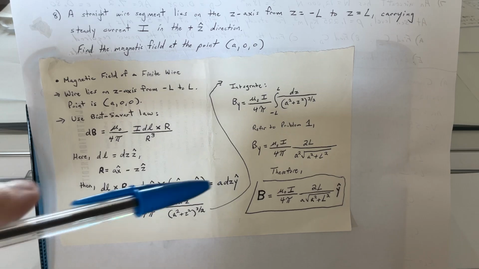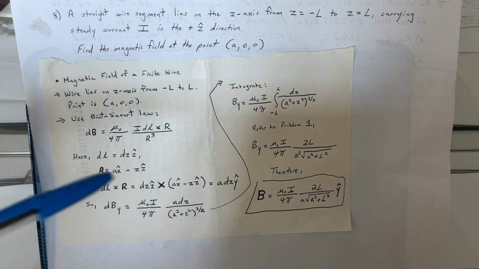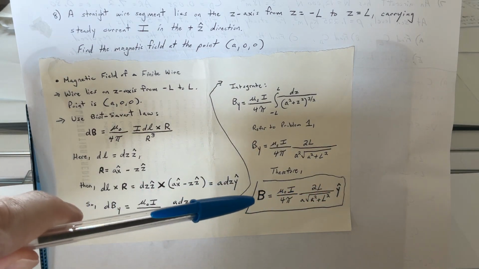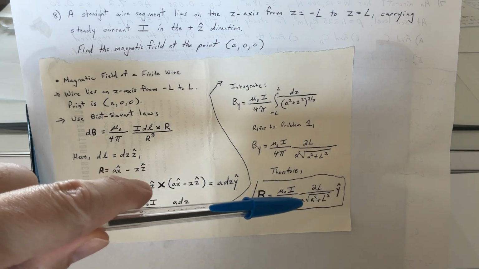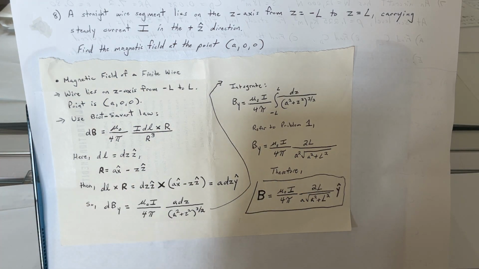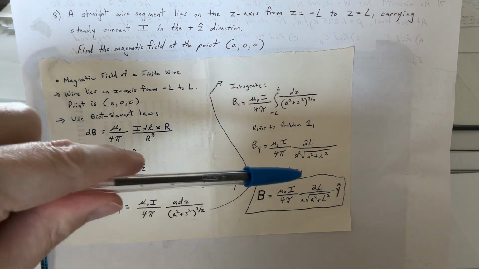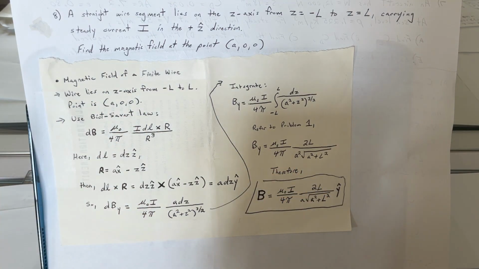So here is our magnetic field: it's mu naught I over 4 pi times 2L over a times the square root of a squared plus L squared, times y hat. Okay, so that takes care of number 8.